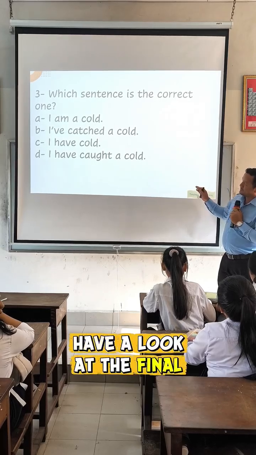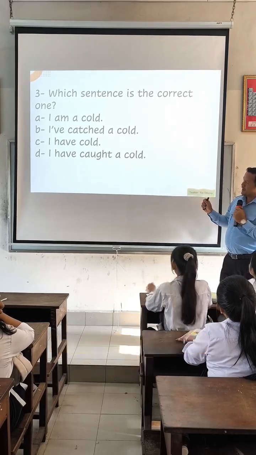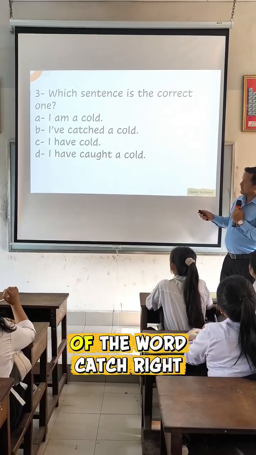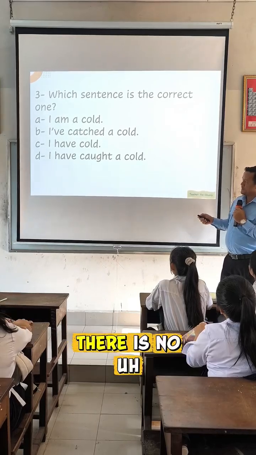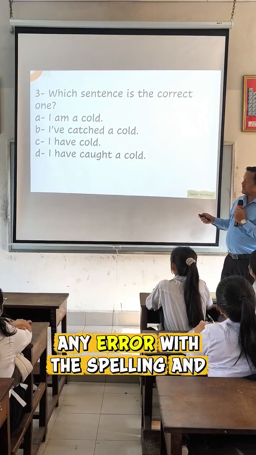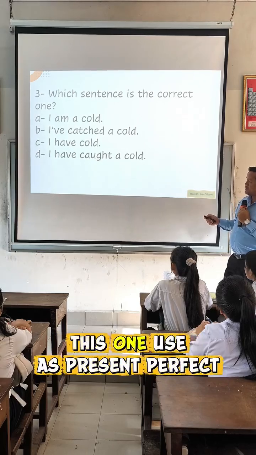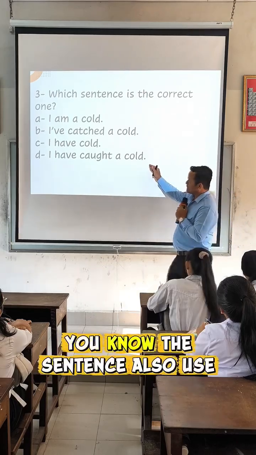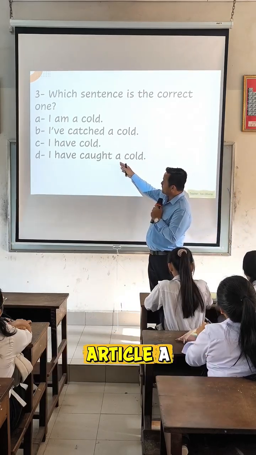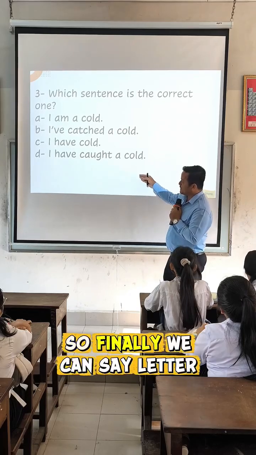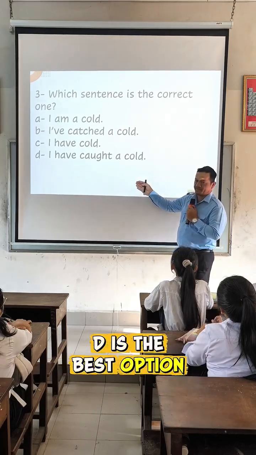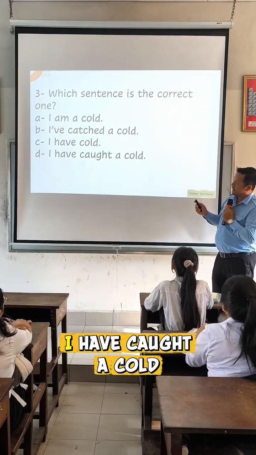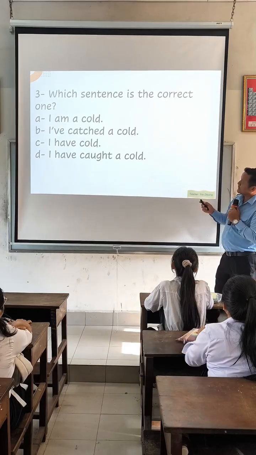Have a look at the last answer, letter D: I have caught a cold. Caught is the correct spelling of catch, and this is present perfect simple. The sentence also uses an article, so letter D is the correct answer for exercise number 3. Okay.